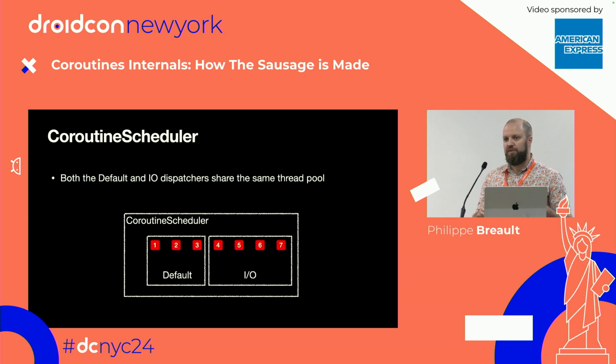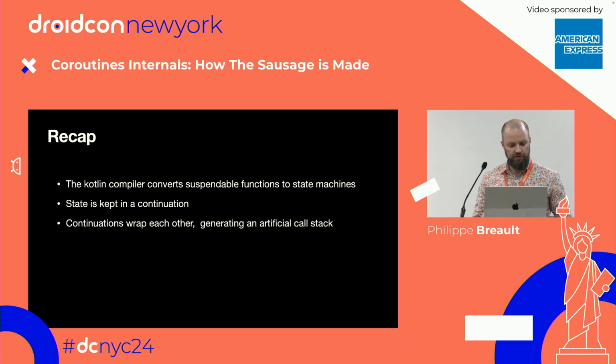Another interesting thing is that on a best effort basis, if you ever need to switch from default to I/O, let's say you are in the default dispatcher, you do a withContext and do something on the I/O dispatcher, there's a good chance that you will just stay exactly on the same thread because it's all the same shared thread pool. So it can just be reused. You're saving a context switch, which will make your code a bit more efficient.